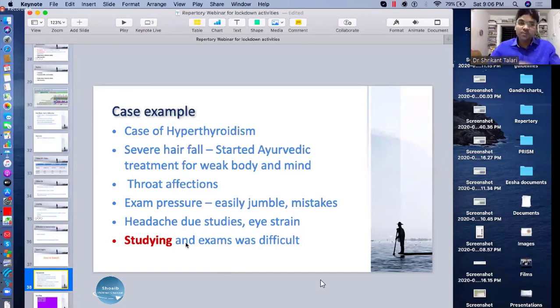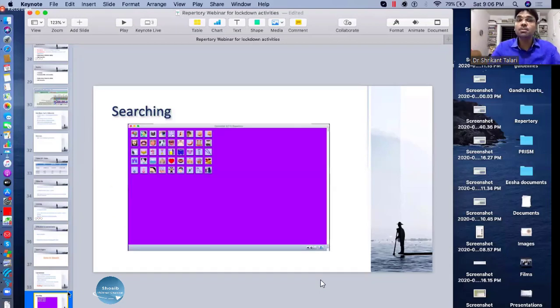So what I did is I said, okay, from all this, one word that I can definitely find in the repertory is all remedies which have difficulty to study, right? And there is no such one rubric in any repertory: studying difficult, not able to study, inability to study. There's no such rubric. So what I do in such cases is I use the search function in Mac Repertory.